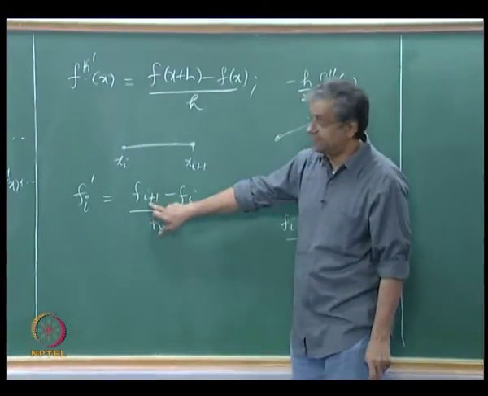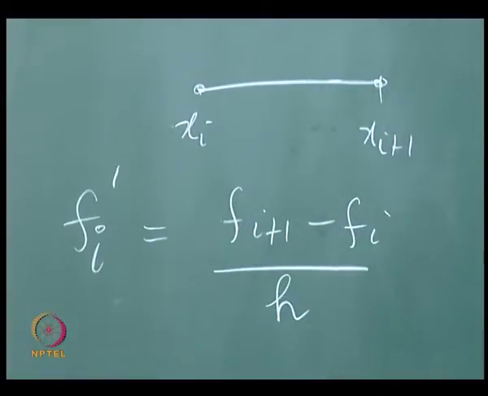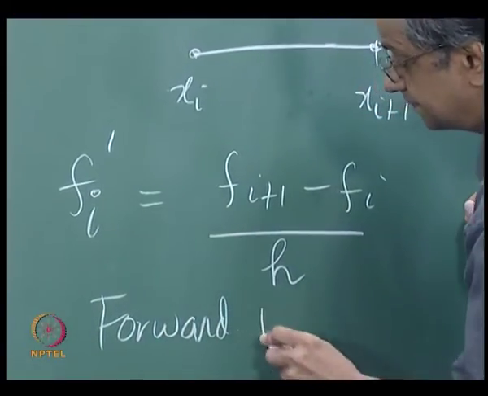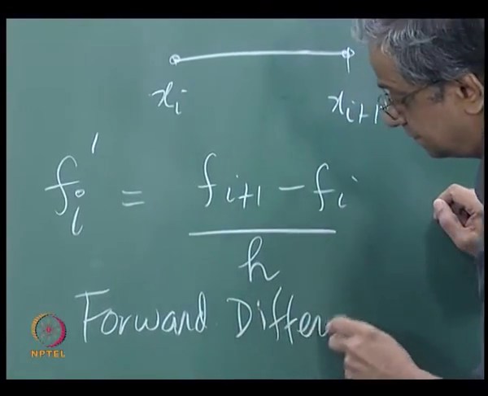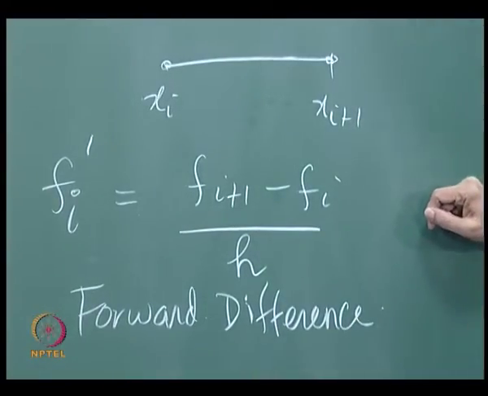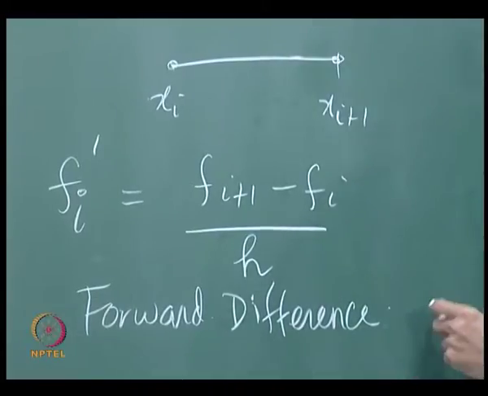Since I am using a point that is ahead, this difference is called a forward difference. So it is a forward difference approximation.